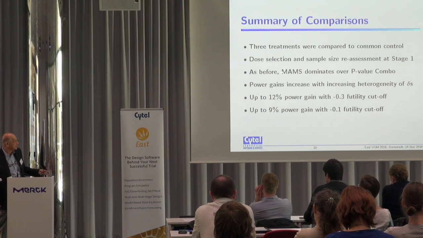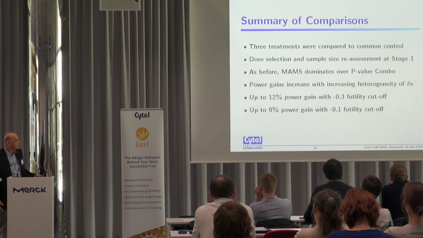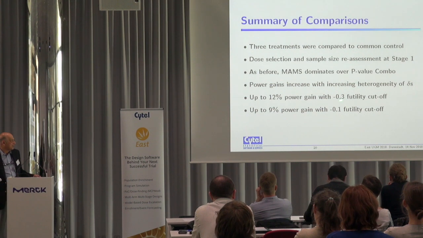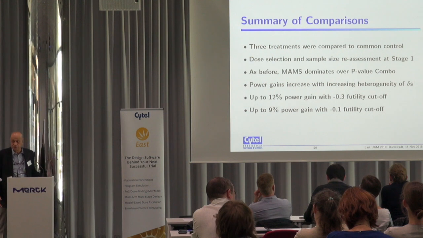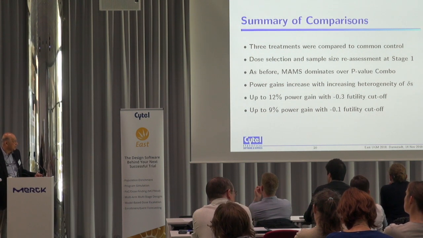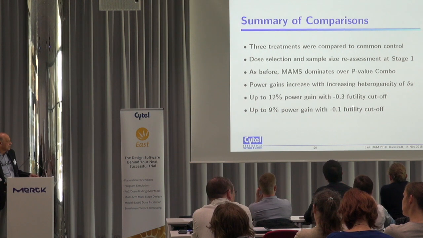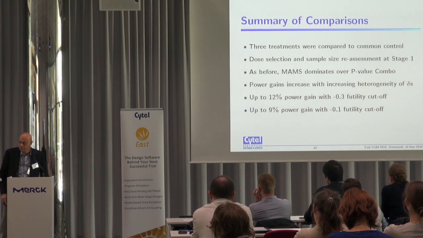I should say group sequential dominates over p-value combo. And the power gains increase with increasing heterogeneity. You can get up to 12% power gain with 3 active doses, and we'll get even more with 4 active doses, for instance, and a strict futility cutoff, and up to 9% gain in power with a more liberal futility cutoff.